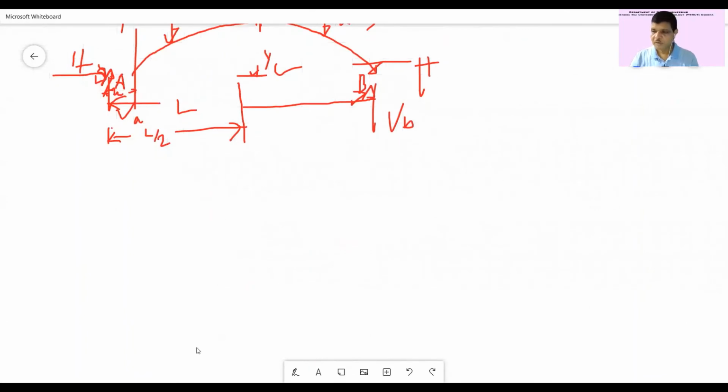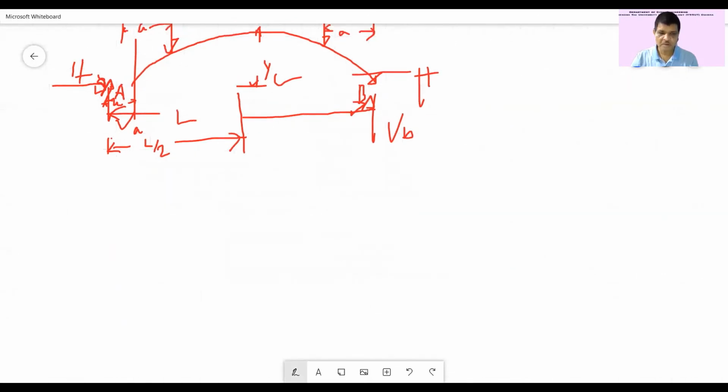So now write down the equations. For the bending moment, one section is 0 less than x less than or equal to a. Right, the first section takes 0 to x less than or equal to a. Now what is the bending moment equation?